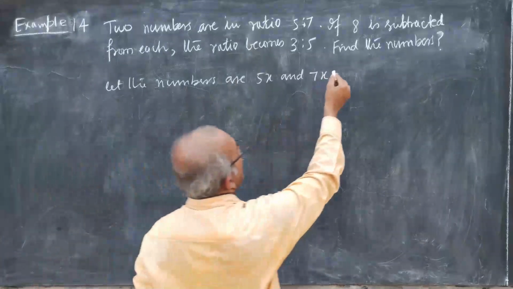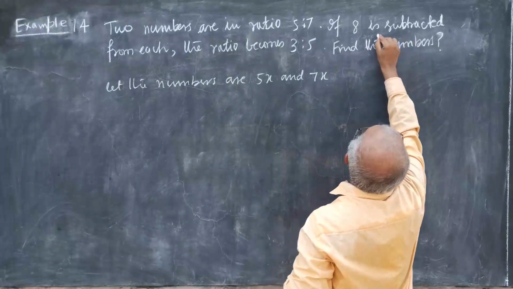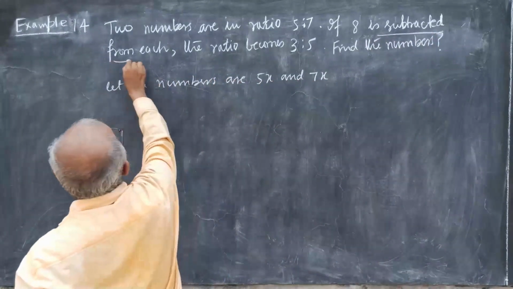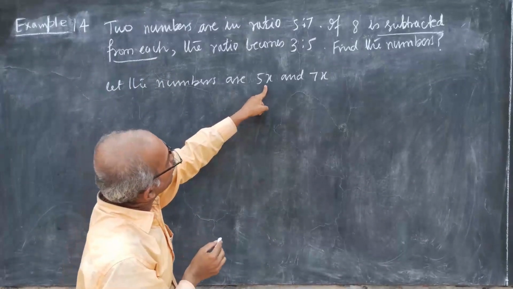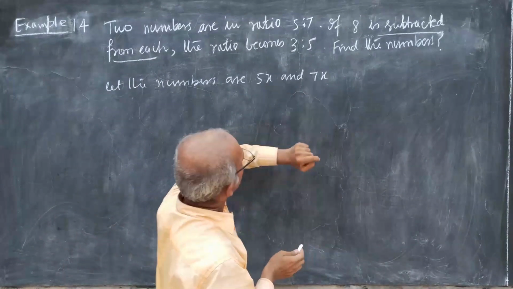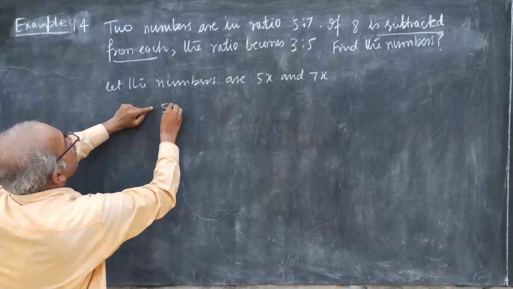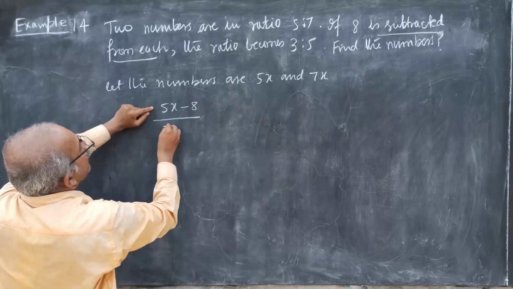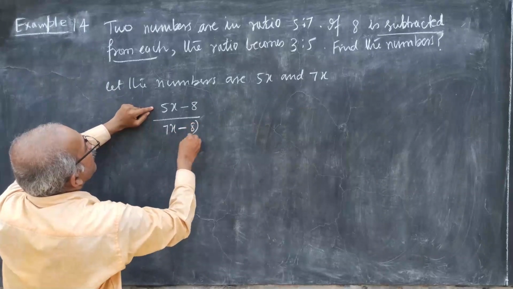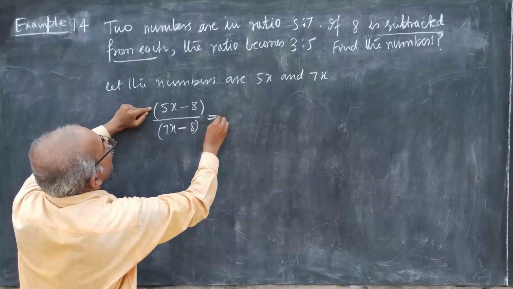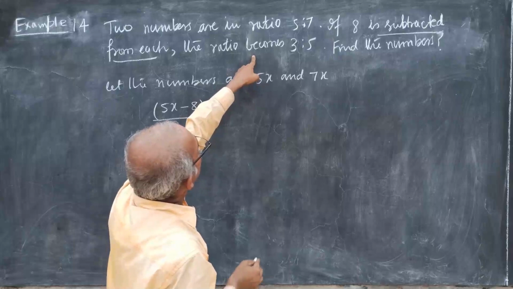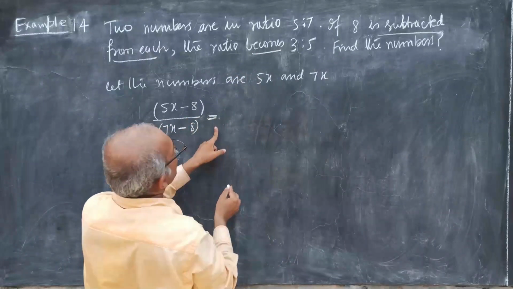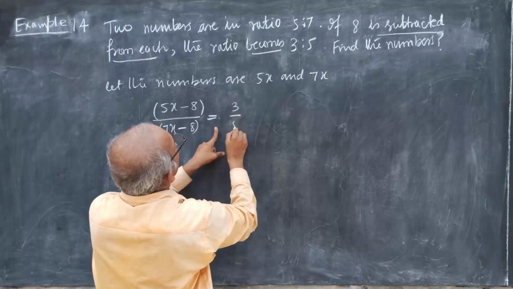So we should subtract the 8. 8 is subtracted from each. That means we have to subtract 8 from 5x as well as 7x. So we will get one ratio, (5x minus 8) divided by (7x minus 8). This ratio becomes, that is, is equal to 3 by 5.